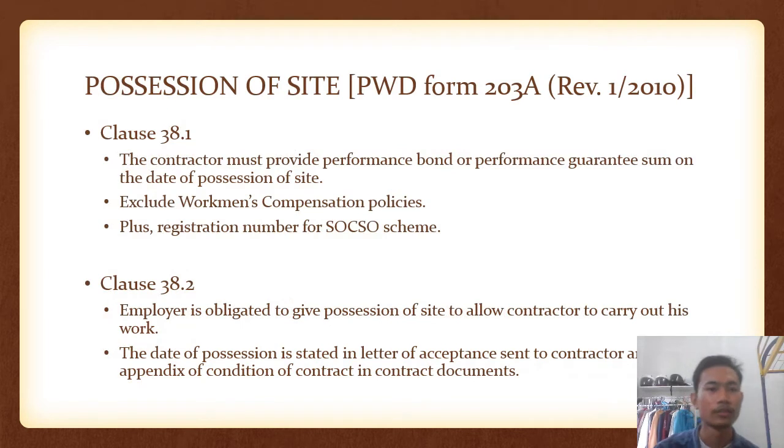And move on to the next topic, possession of site. PWD Form 203A Revision 1 2010. The first clause is clause 38.1 in the contract. The contractor must provide the performance bond and performance guarantee sum on the date of possession.